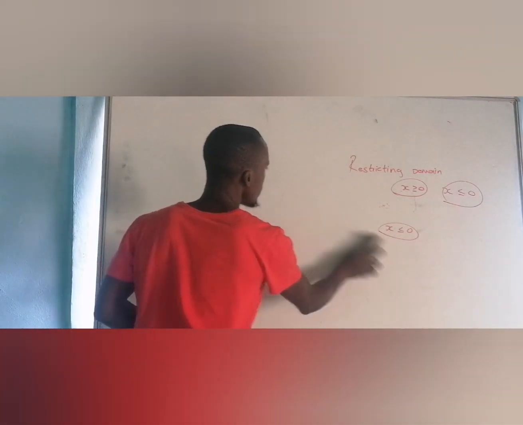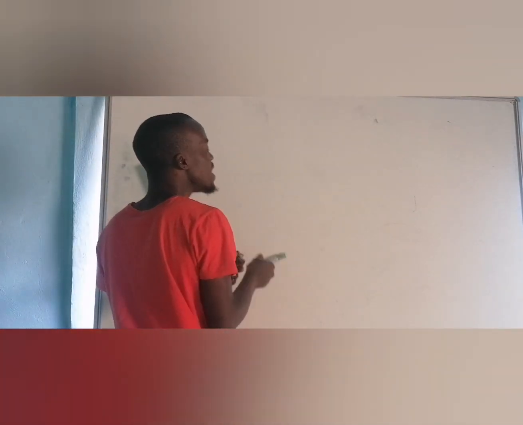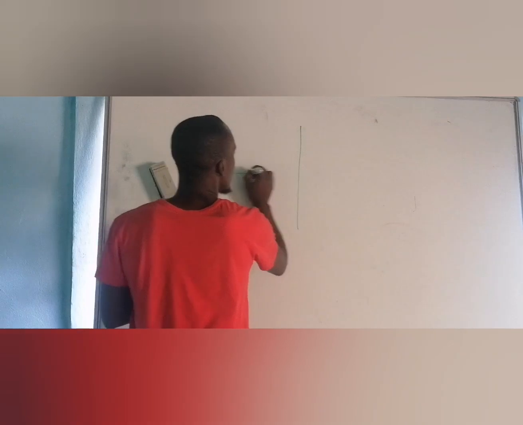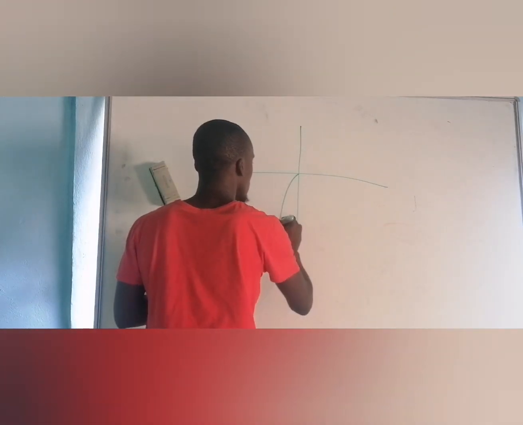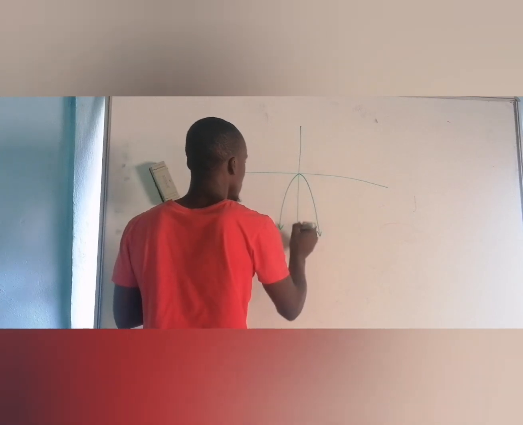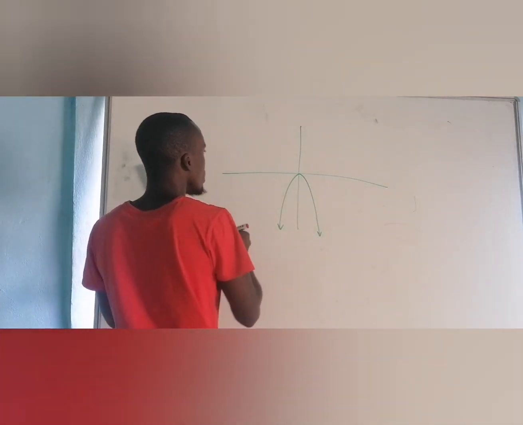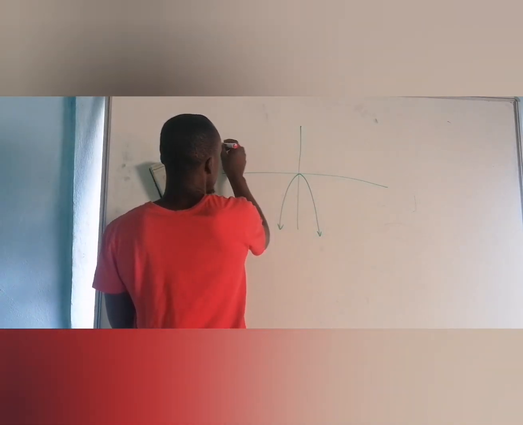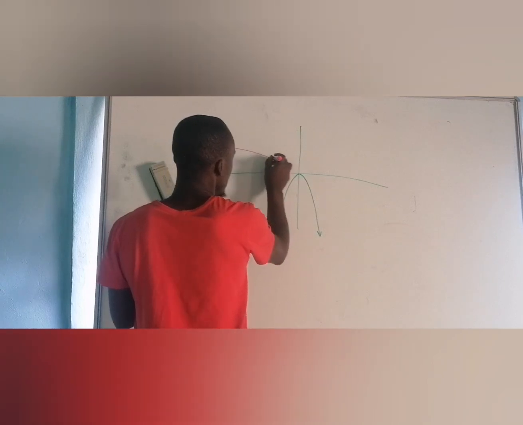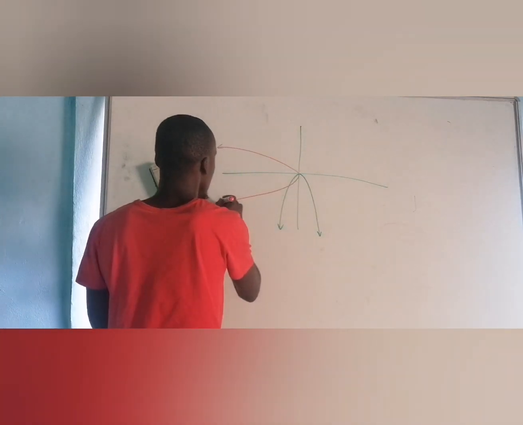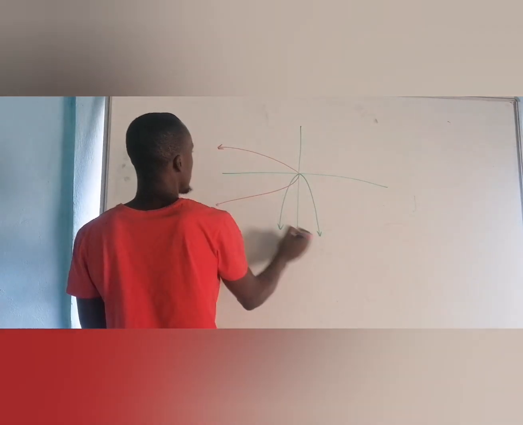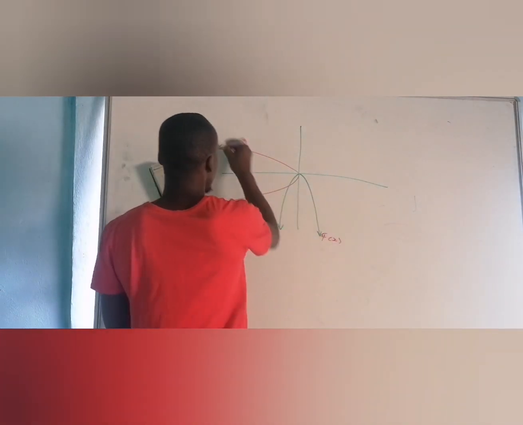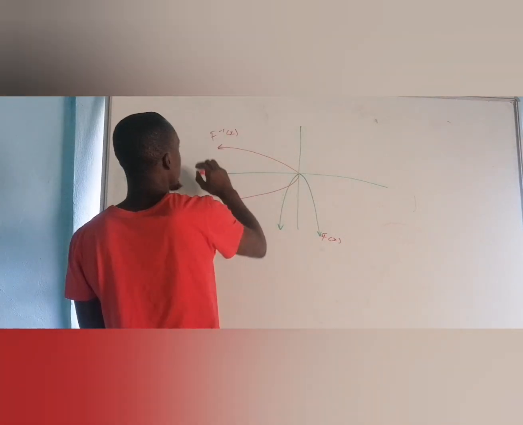Okay. Let me give you this one, then you restrict it. What you must do here, remember this is the original graph, then this becomes the inverse.